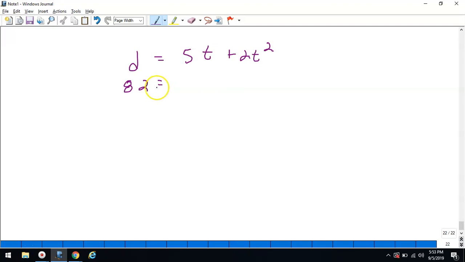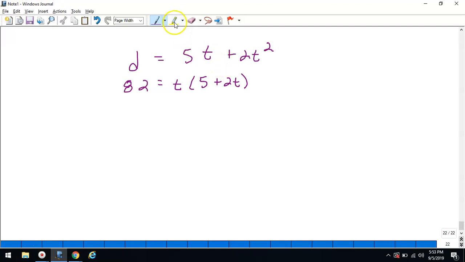First of all, this seems weird because it says this object is falling, which would be a negative equation, but it is not. So hopefully this works out. But let's factor out a t over here. So we get 5 plus 2t. We need this to be equal to 82. You know what?